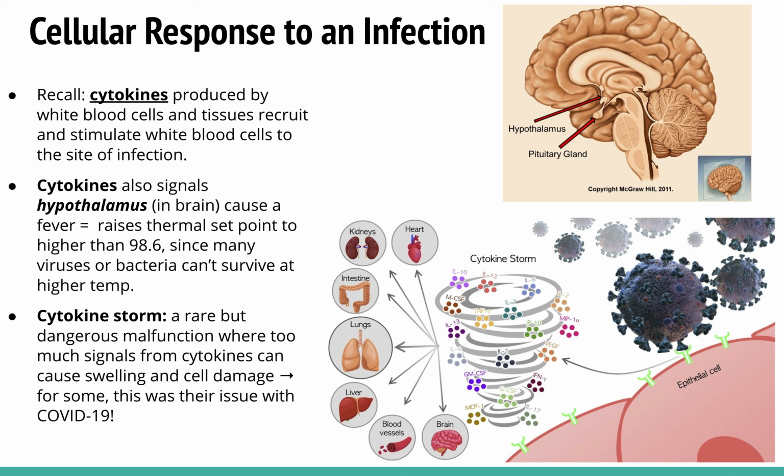But one of the weird side symptoms for some people with COVID-19 is something called a cytokine storm. So what happens is sometimes the cytokine effect, which is supposed to help increase your immune system, overstimulates your immune system to a dangerous degree where it creates lots of swelling and lots of cell damage, which can actually sometimes lead to death.